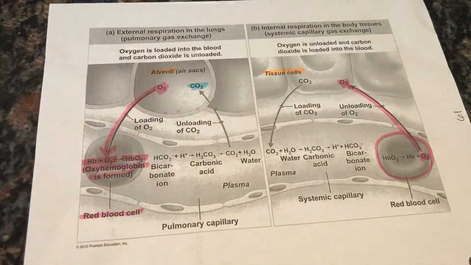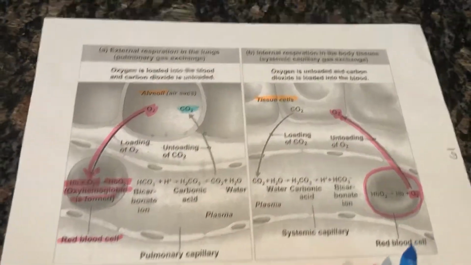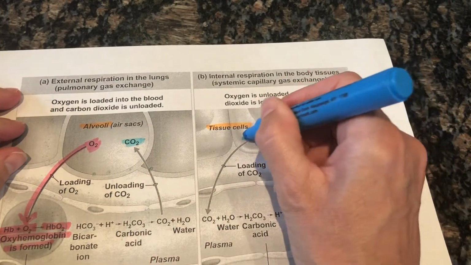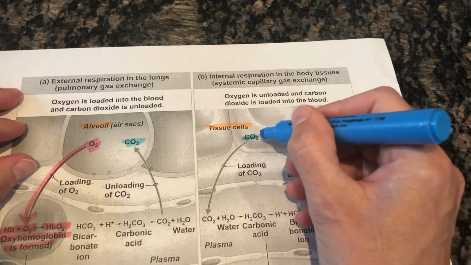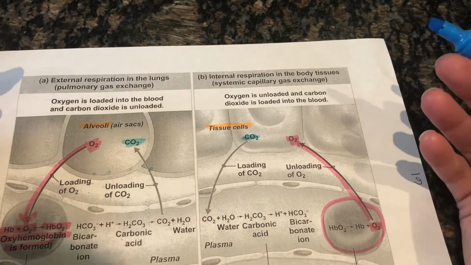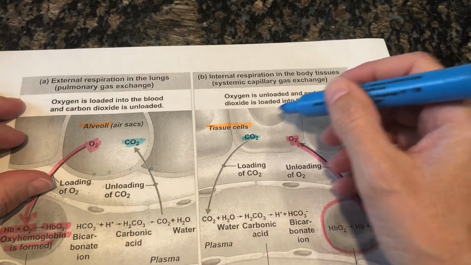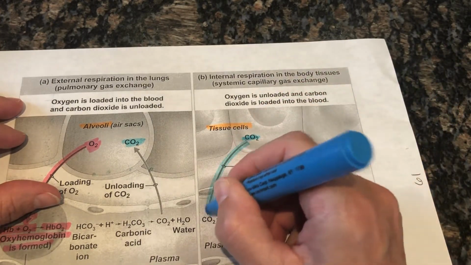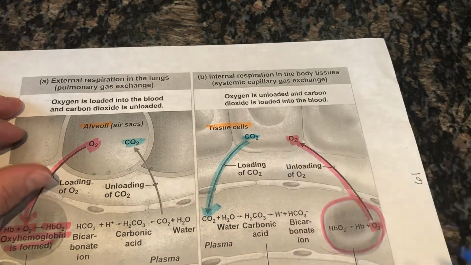Now, carbon dioxide. Okay, let's go to the tissue cells here. Tissue cells are rich in carbon dioxide, okay? So there's more carbon dioxide in your cells. Don't let tissue cell stress you out, just your body, okay? So parts of your body have high carbon dioxide and lower oxygen. Carbon dioxide then diffuses into the blood plasma, all right?